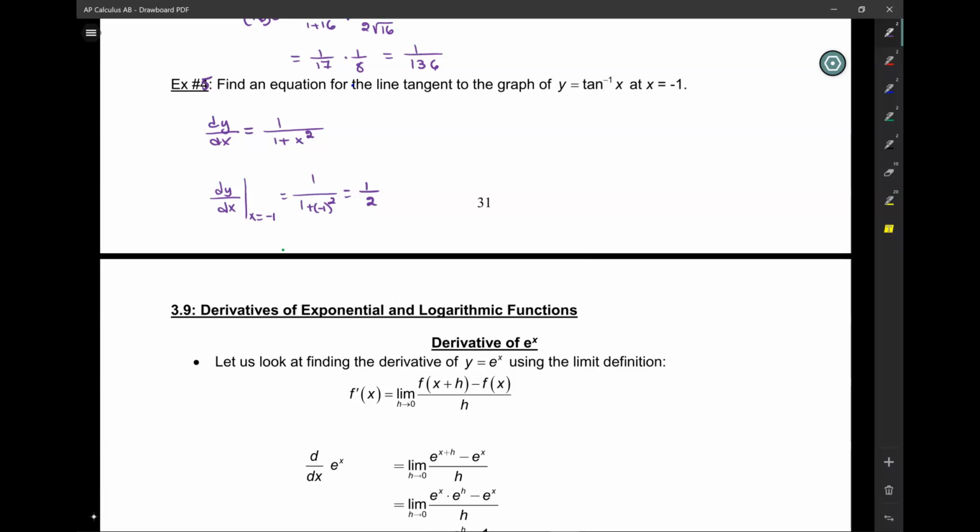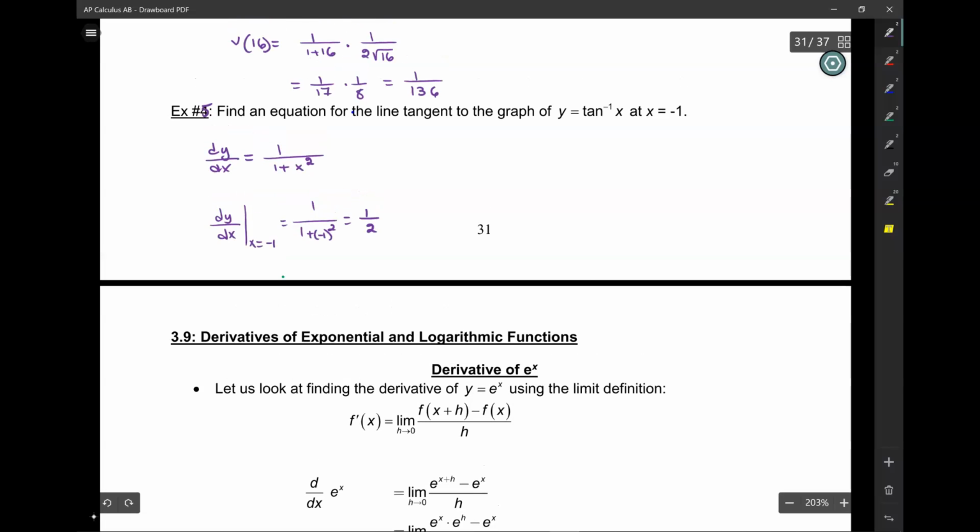So now I have the slope, and I want my y value, right? So y of -1 is inverse tangent of -1. And what is inverse tangent of -1? What is the angle for which tangent is -1?